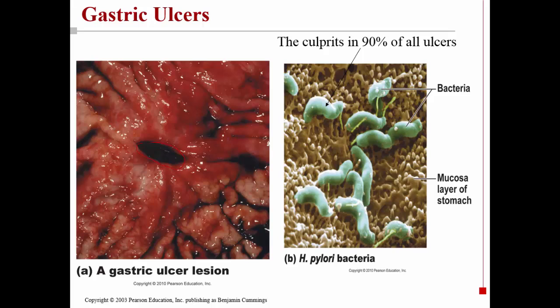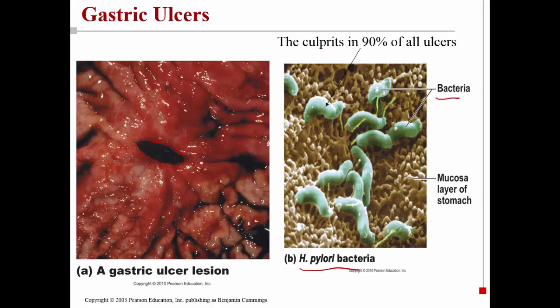Believe it or not, 90% of all ulcers are actually caused by a bacteria, which is called H. pylori. So in this photomicroscopy, you can see the bacteria here, the H. pylori, colored in green. They're not really that color. And you can see the mucosa of the stomach. Remember, the lining is simple columnar epithelium.